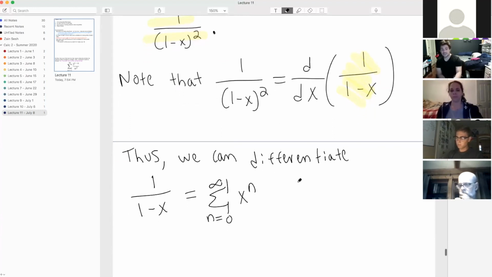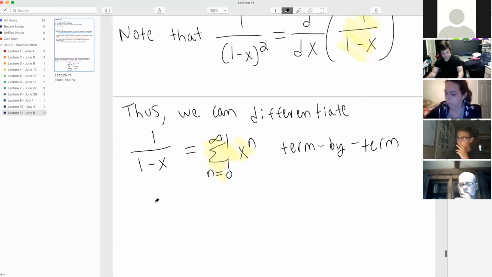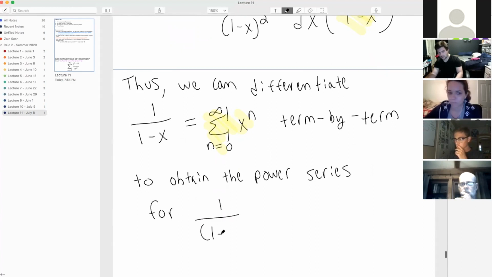We can differentiate this term by term, and that's a very easy thing to do, to obtain the power series for 1 over 1 minus x squared, which is what we want.